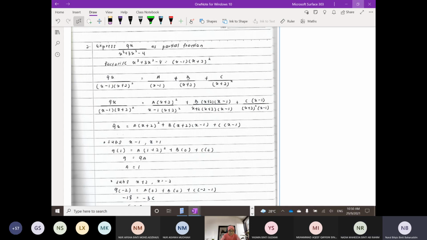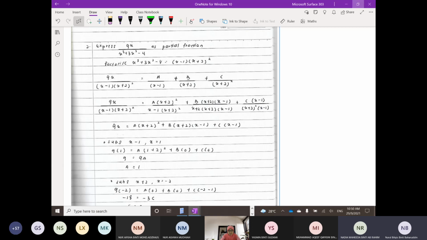Baik, try. Lepas tu kita factorize yang x cubed plus 3x squared minus 4 tu.